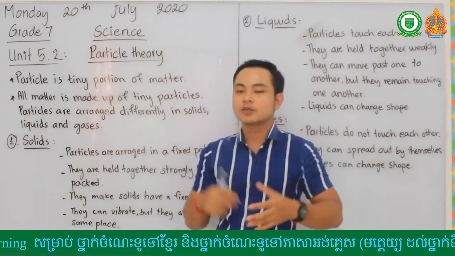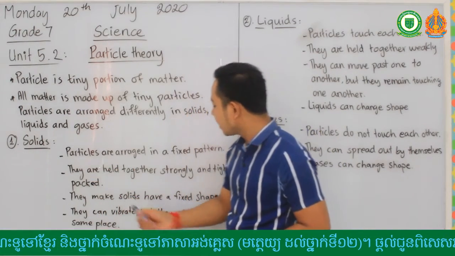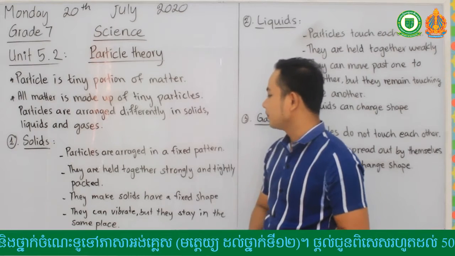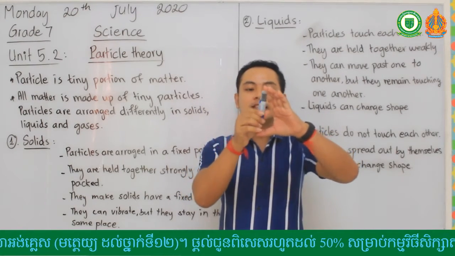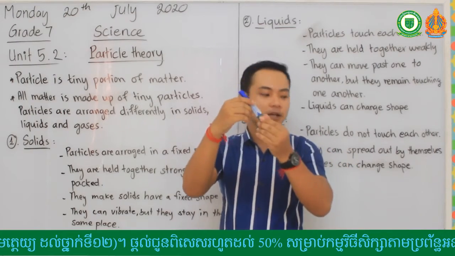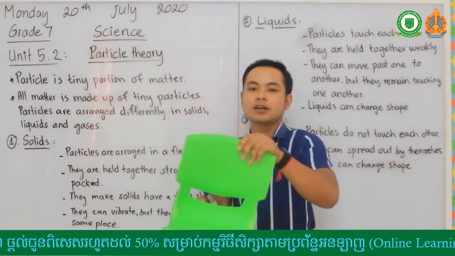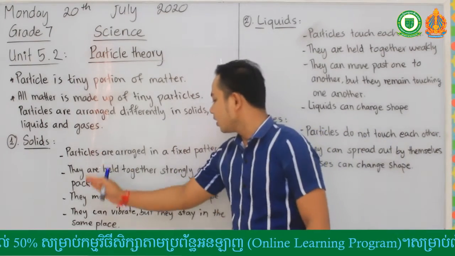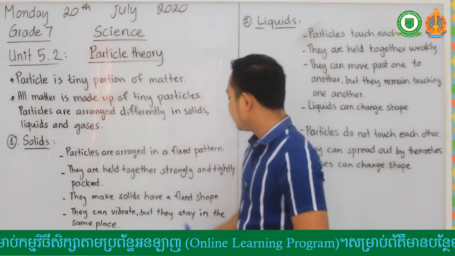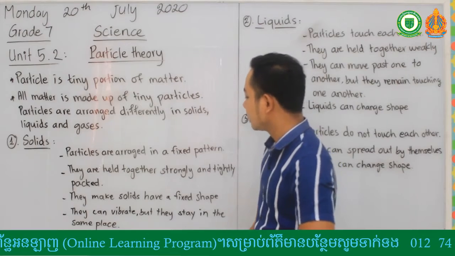Being held together strongly makes solids have a fixed shape. You can see this shape perfectly. You can say this is a marker, you can see the chair. It's strong, right? It has its perfect shape. So particles make solids have a fixed shape.